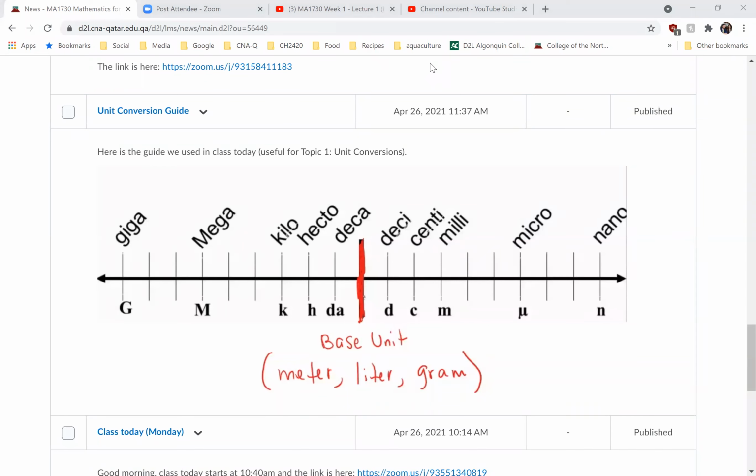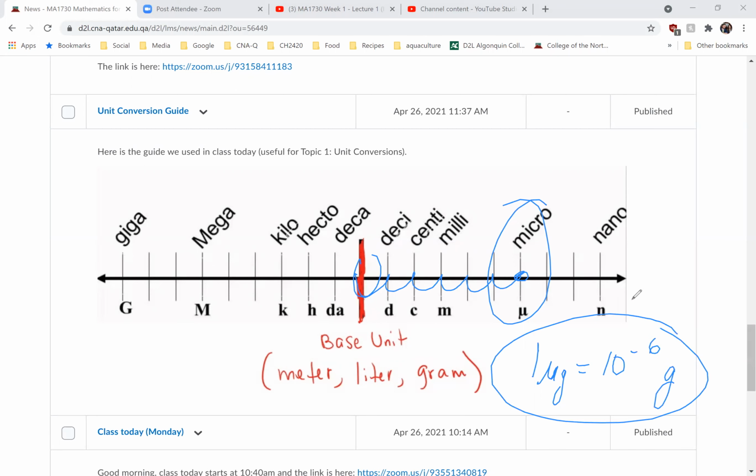It's a unit conversion factor that is from a table in chapter 1. But the idea is, this is 6 decimal places moved over. So 1 gram is equal to, 1 milligram is equal to 10 to the minus 6 grams. Not milli, microgram. Sorry, it's too early for me. So 1 microgram is equal to 10 to the minus 6 grams.